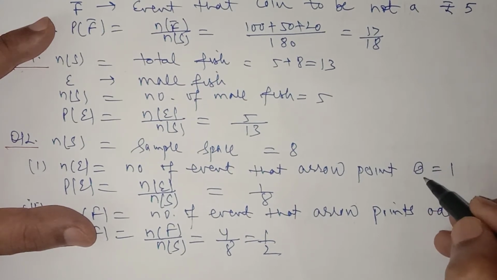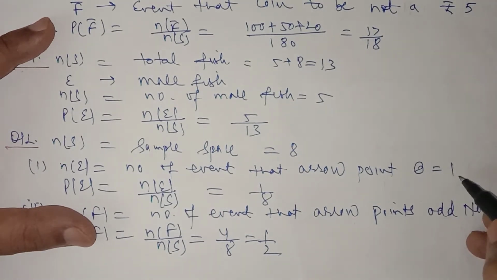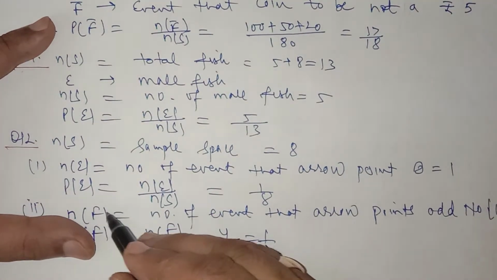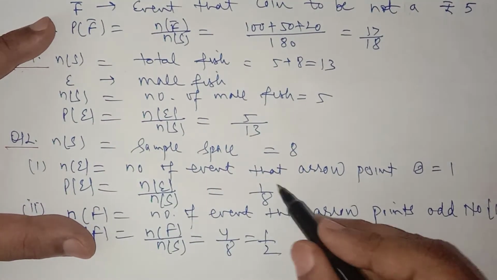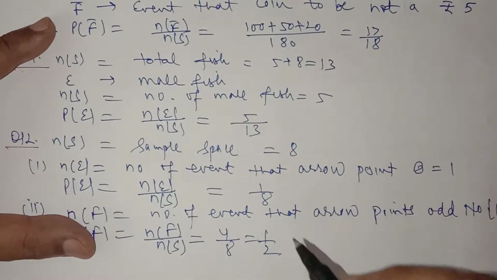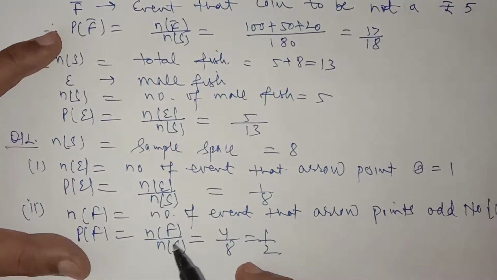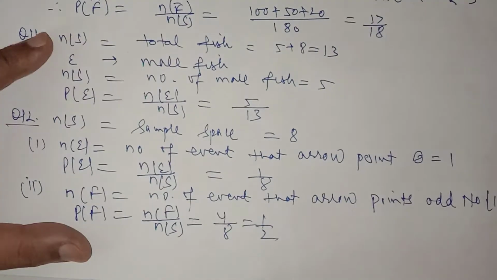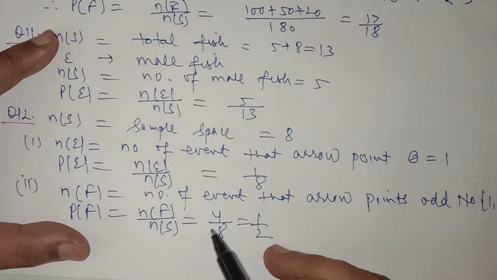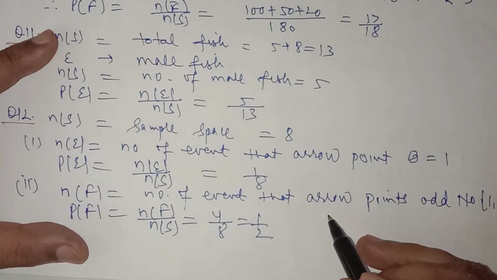The total number of events that 8 occurs is only 1. Numbers 1 to 8 are written on that spinning circle. So the probability of getting an 8 is 1 upon 8. Total 8 points are there, and 8 is on them only one time. So 1 upon 8.